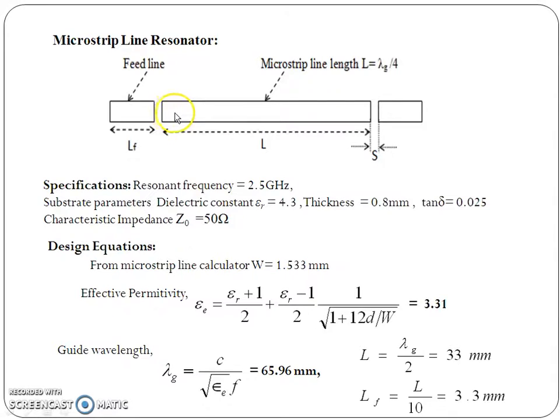The length of the strip is given here as L, and the strip is fed with the help of the feed lines on either side, and the length of the feed line is given as LF.